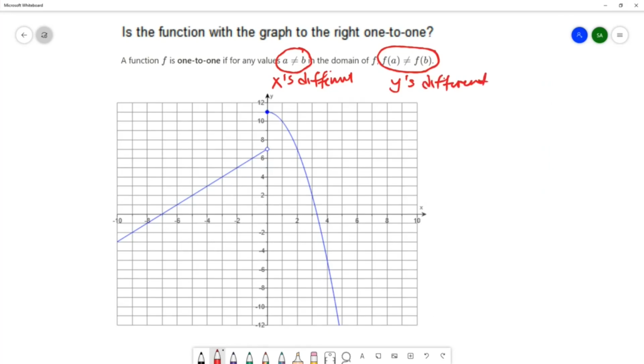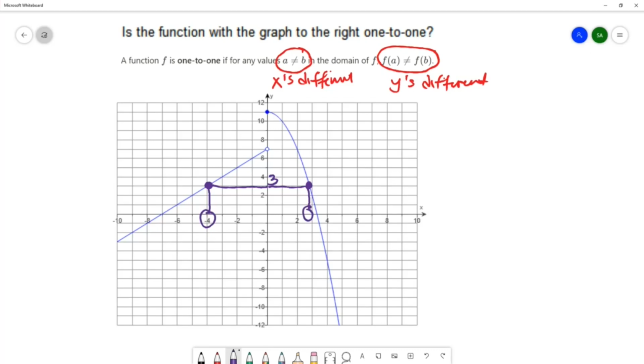And on this function, we can come up with what we call a counterexample to this definition. So if we take a look, say for instance right here, this is a situation where these two y values are the same at these two points. They have a y value of 3. However, the x's are different.